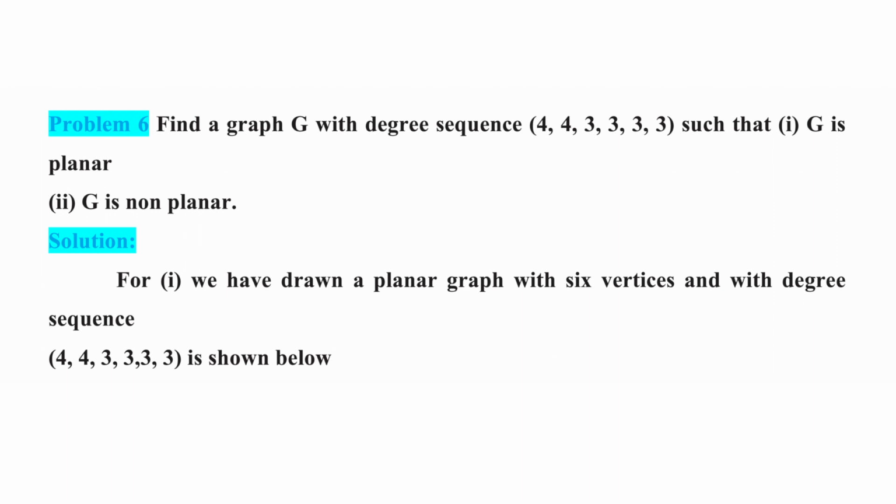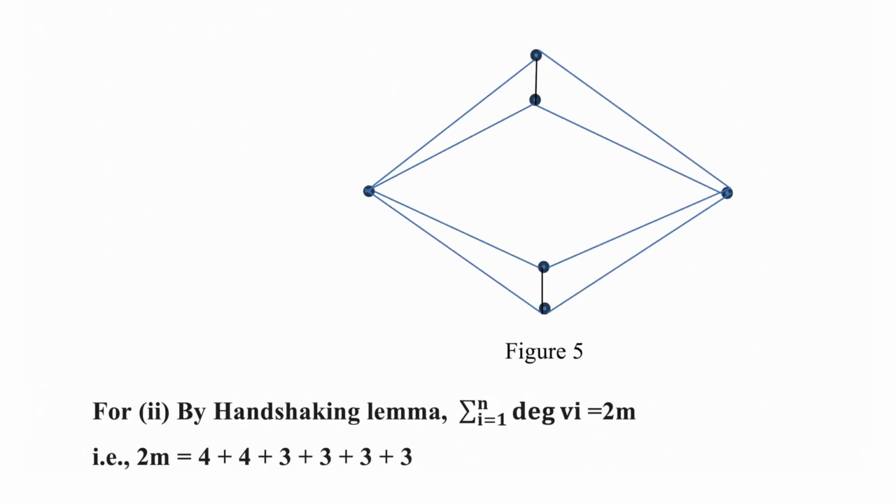The solution of this problem, for the first one we have drawn a planar graph with 6 vertices and with degree sequence 4, 4, 3, 3, 3 and 3, as shown on the screen.